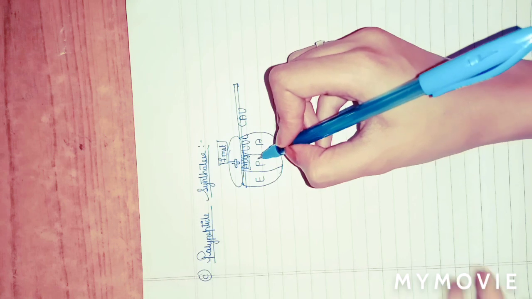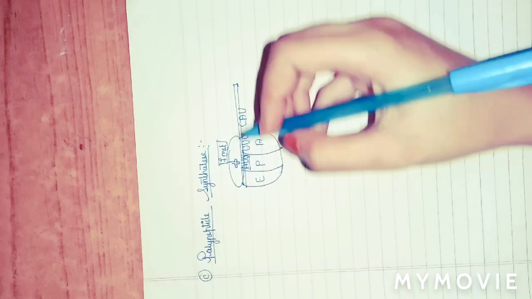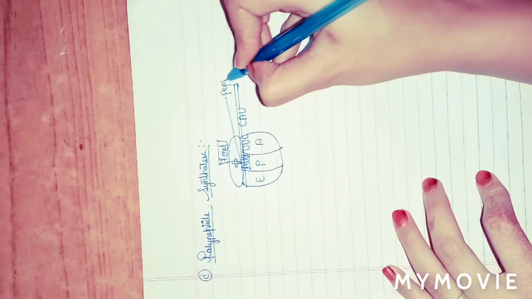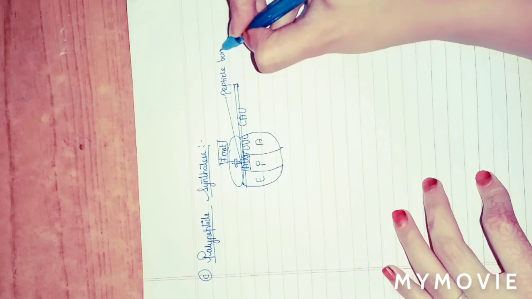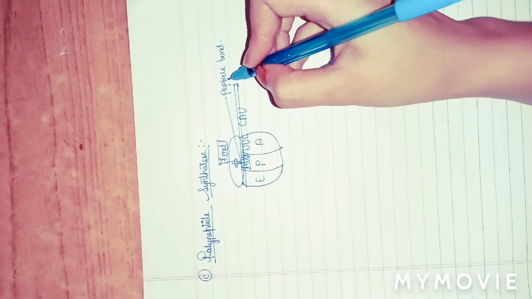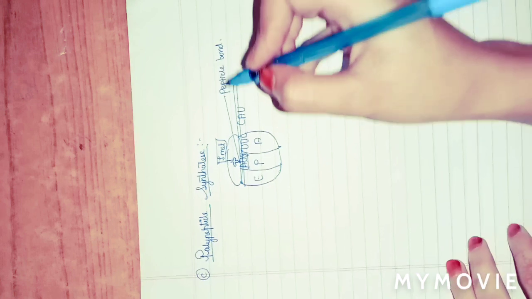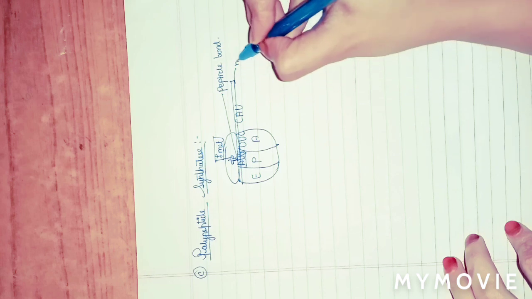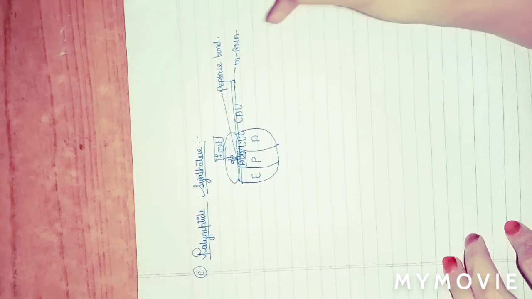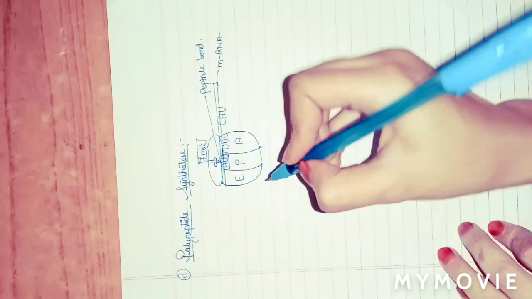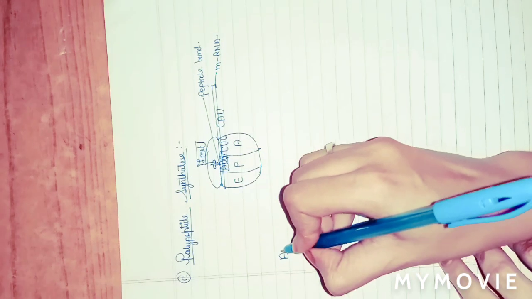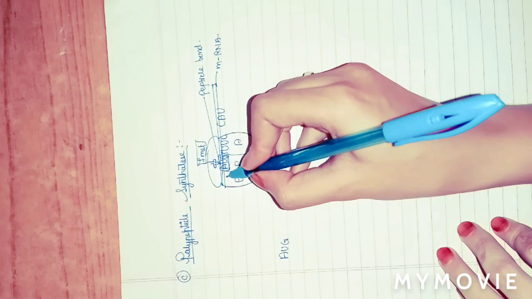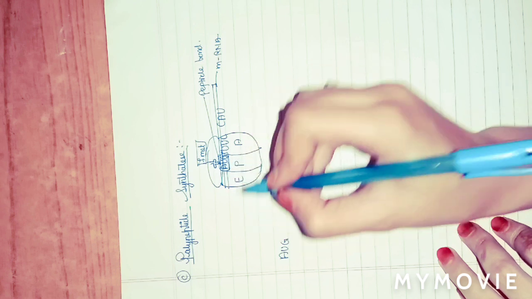And now when this gets attached, then the peptide bond is formed. Now the ribosome moves on mRNA. Ribosomes will move on mRNA, as I showed you. This is mRNA. Now it is going to move. Means now AUG, this codon, will move to the E site, meaning exit site.